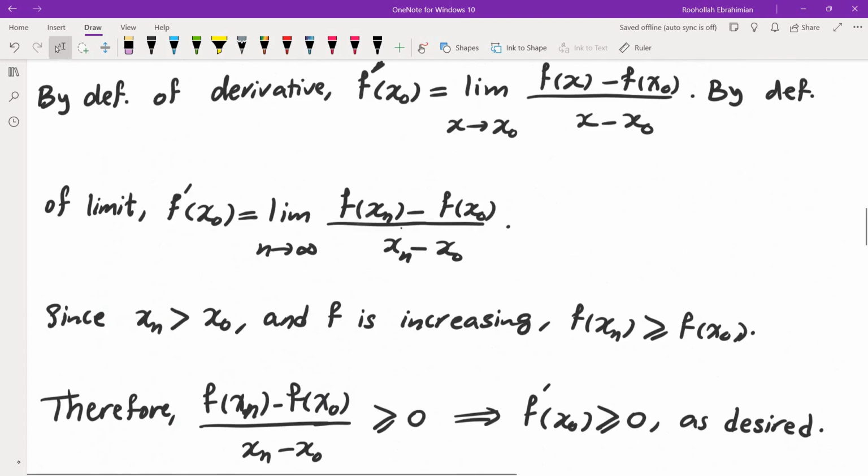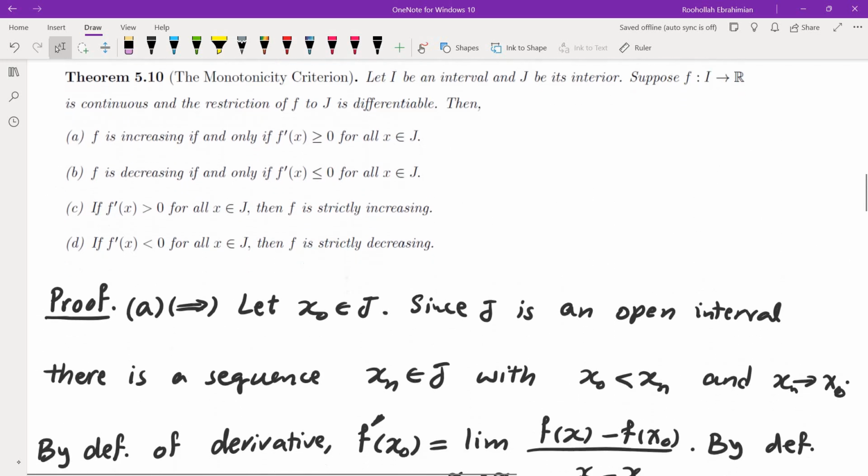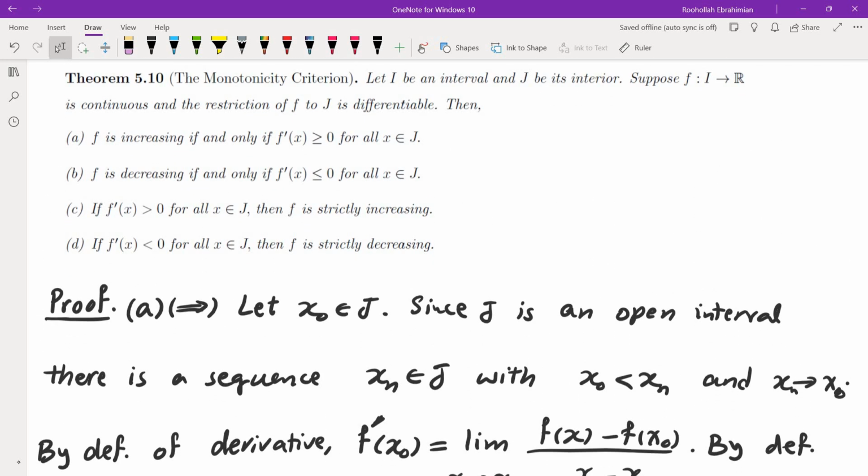Okay, so going back and taking a look at this theorem, functions are increasing if and only if the derivative is non-negative, decreasing if and only if the derivative is non-positive. But if the derivative is positive, then the function is strictly increasing. The converse is not true.